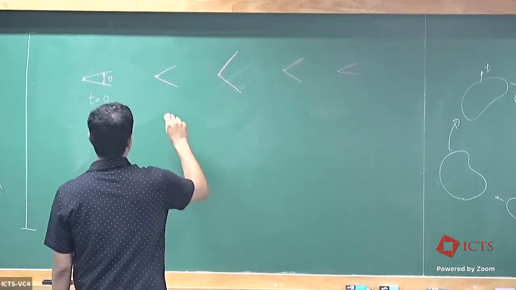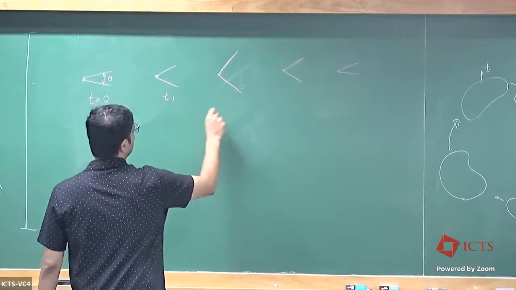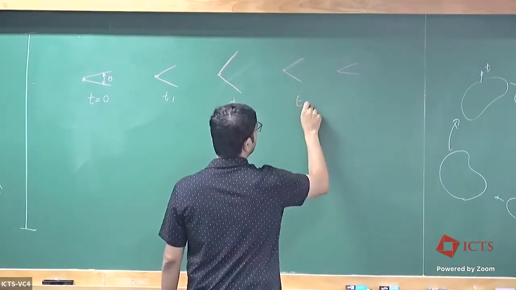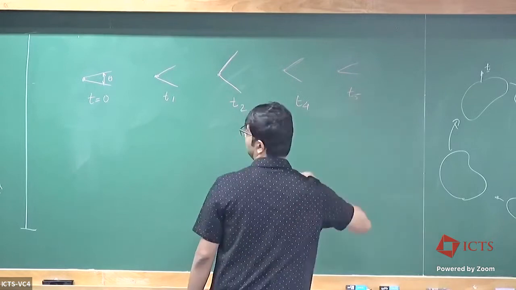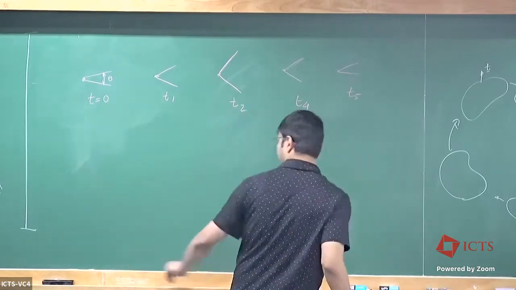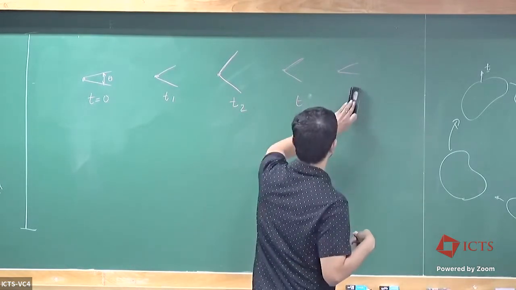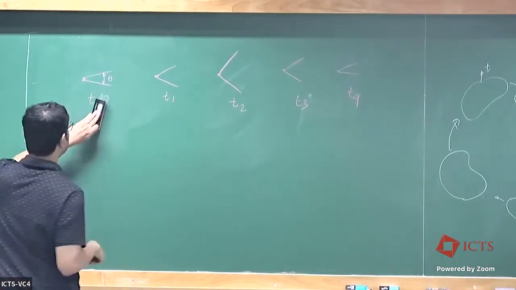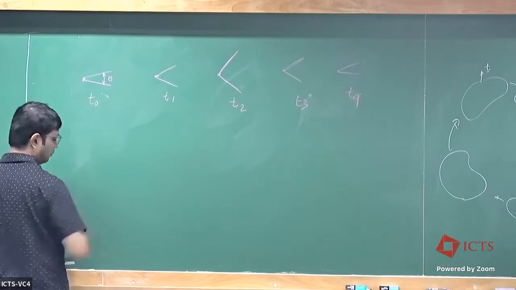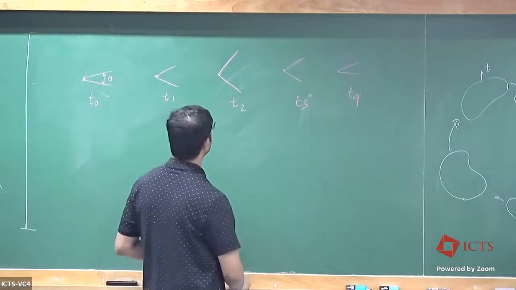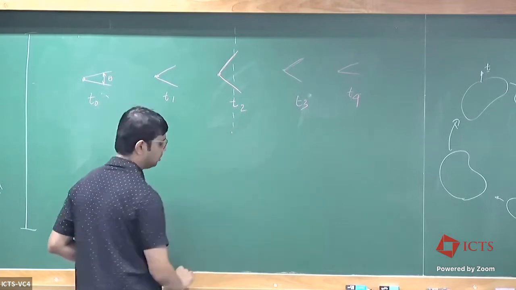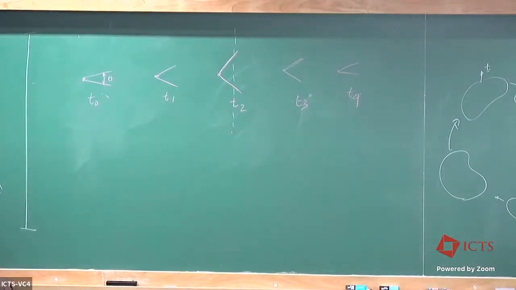So this is T1, this is T2, 3 and 4. And this is T0. Let me just draw a line here. Let's see what I mean. So that's all it does.